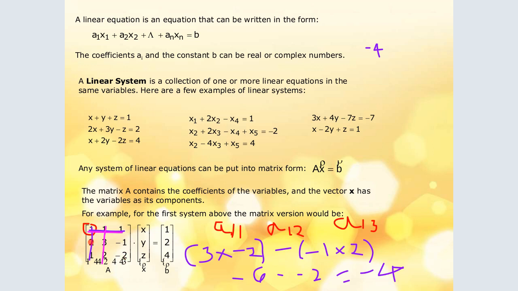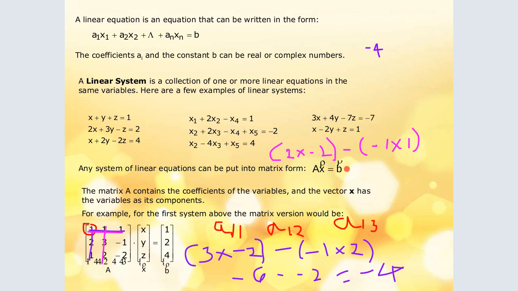We start by 2 times negative 2. Then we are subtracting negative 1 times 1. So we have negative 1 multiply 1.